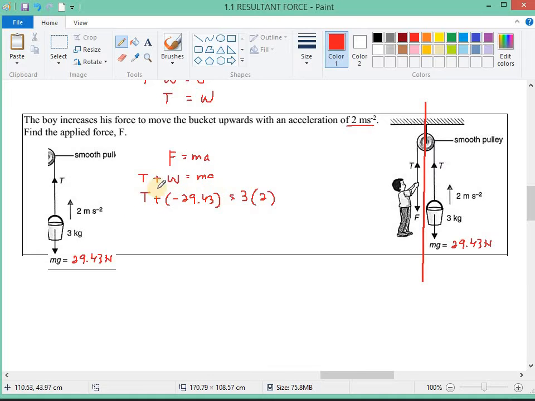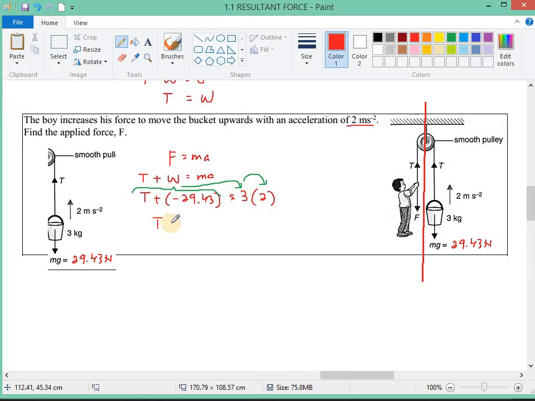When this force acts on this mass, it has this acceleration. See that.